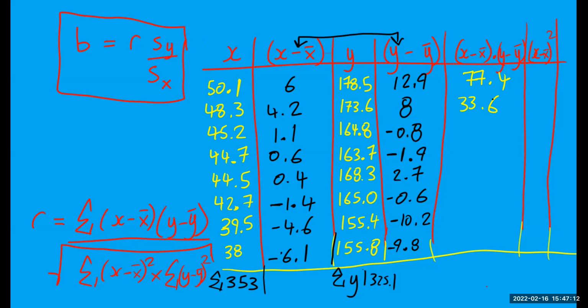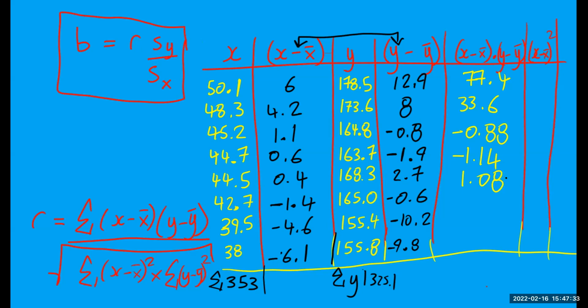Then 1.1 times negative 0.8, we're going to get negative 0.88. Then 0.6 times negative 1.9, we're going to get negative 1.14. Then 0.4 times 2.7, we're going to get 1.08.